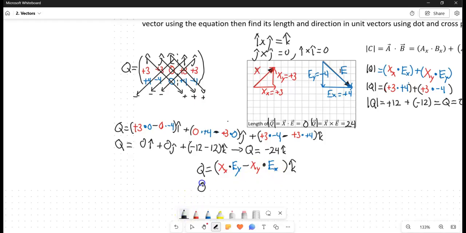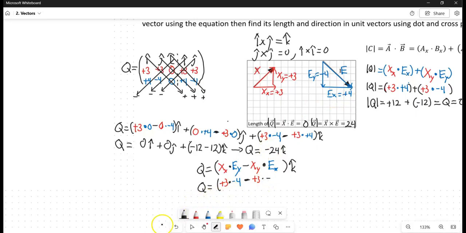And so when we do this, what we're going to get is positive 3 times a negative 4. And now we're going to subtract from that the positive 3 y direction times the positive 4 x direction.